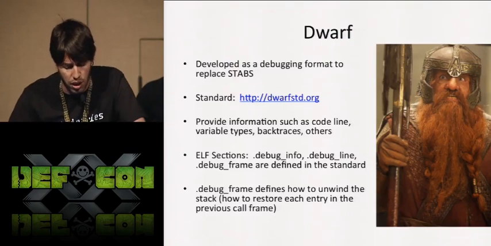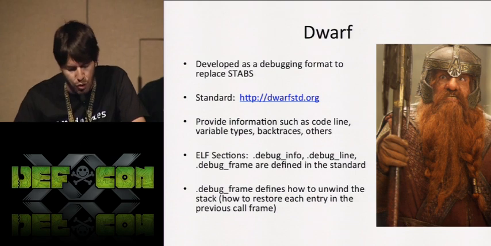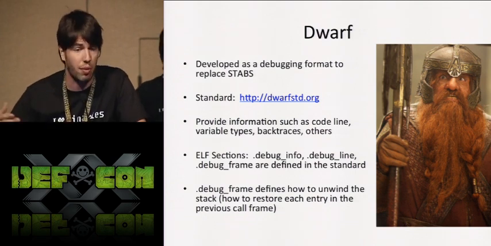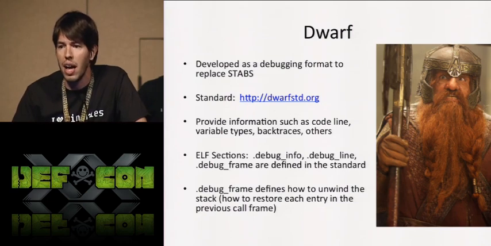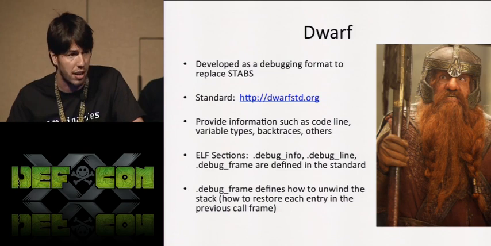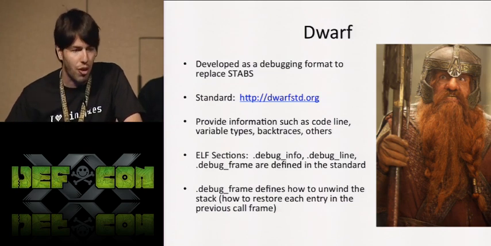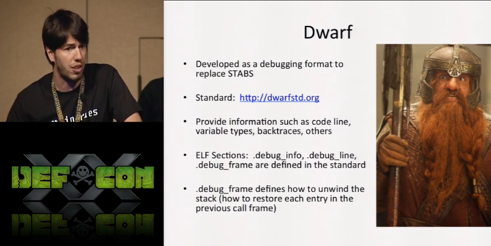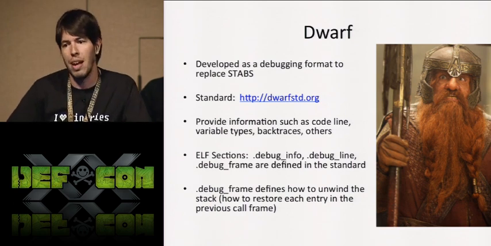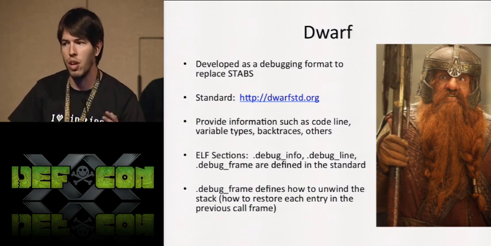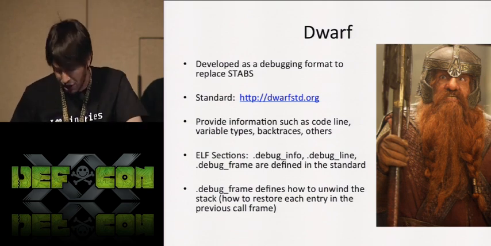It has a standard, and it provides information such as types of variables and backtraces, and it was used by GCC to provide the exception handling mechanisms. So the debug frame defines how the unwind process works during an exception. Dwarf was created for debugging, but then the same standard was reused for the exception handling mechanism on GCC.